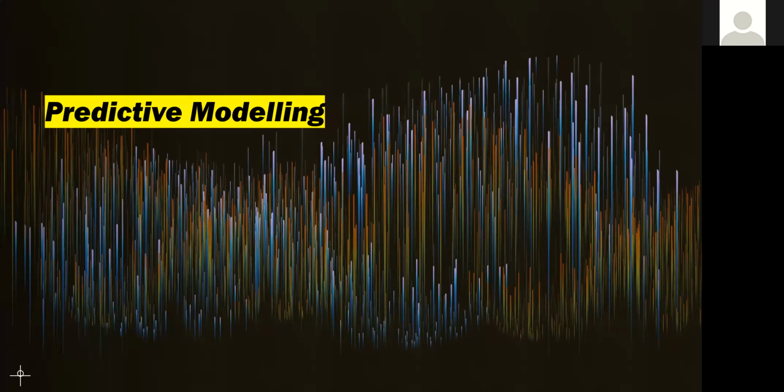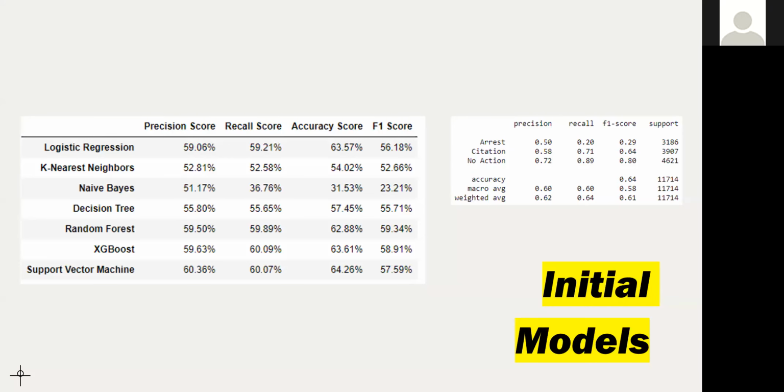But predictive modeling can tell us what features of a stop are most important in determining the outcome, which can show us if race or other factors are playing an impact once the subject has already been stopped.